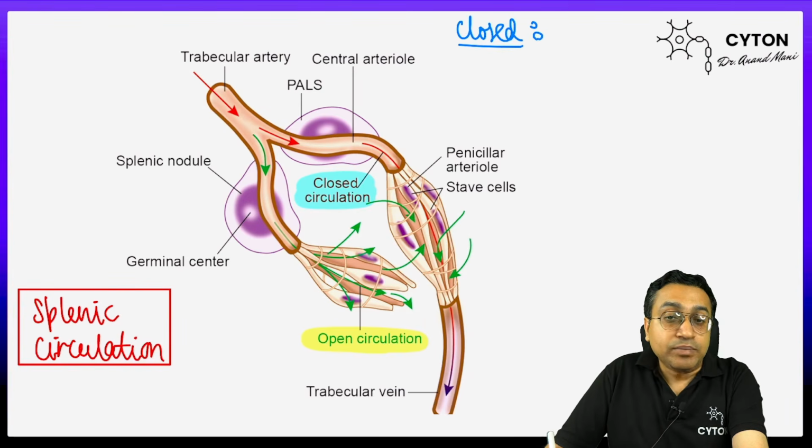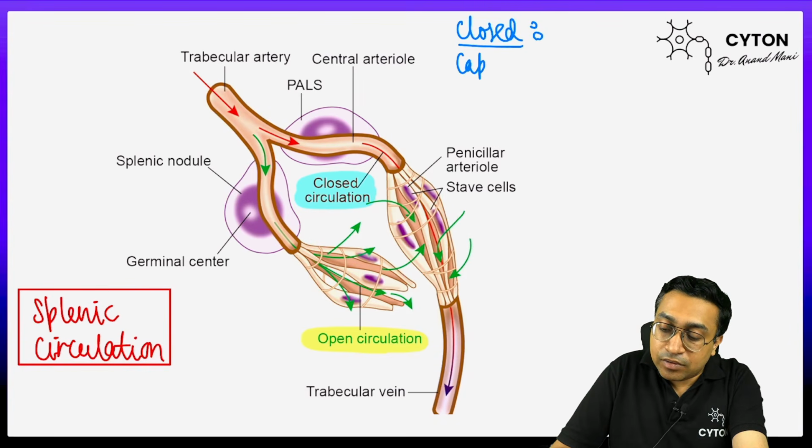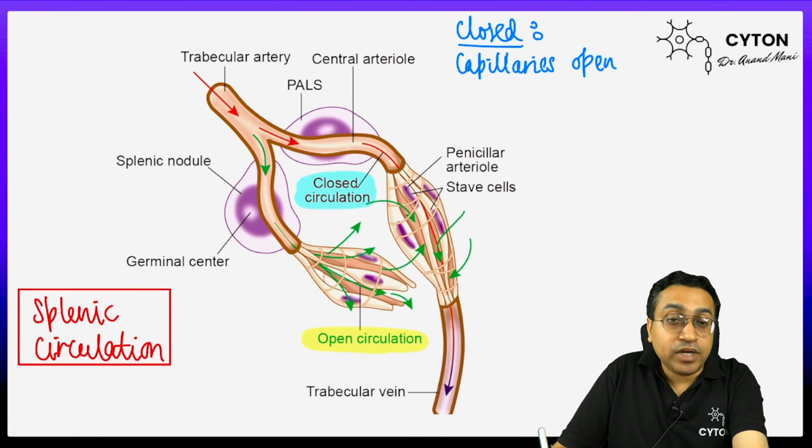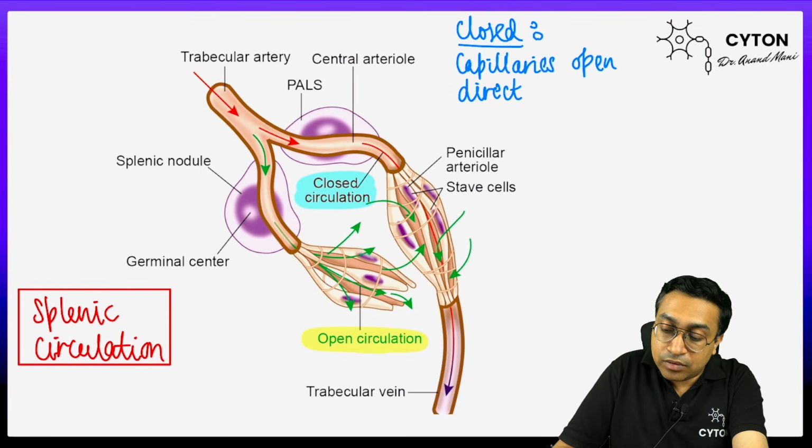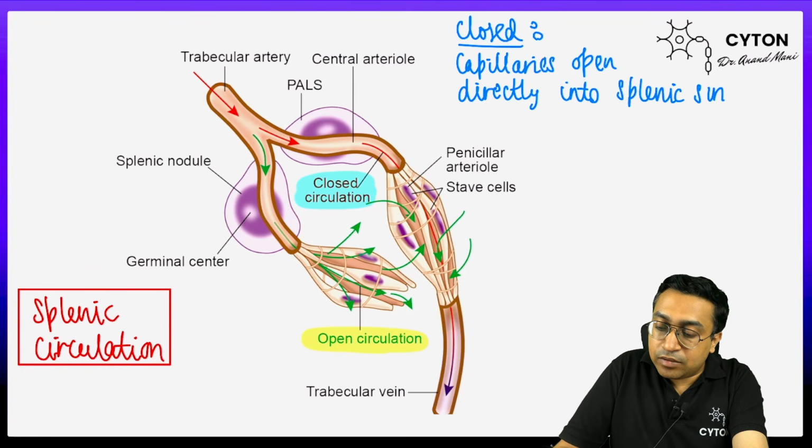The closed one means the capillaries open directly into the splenic sinusoids.